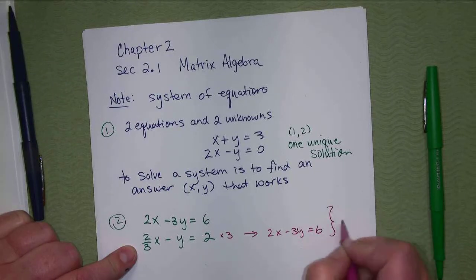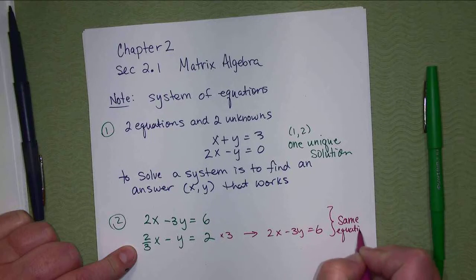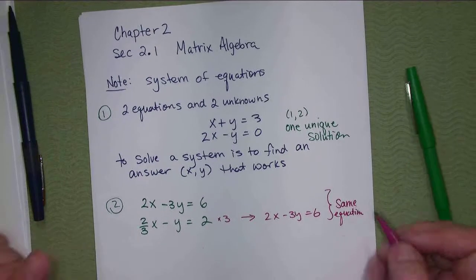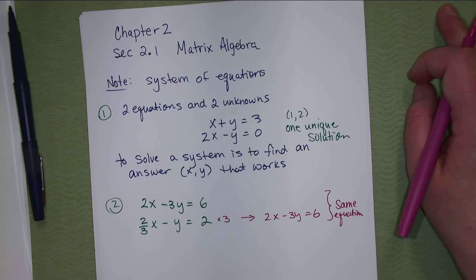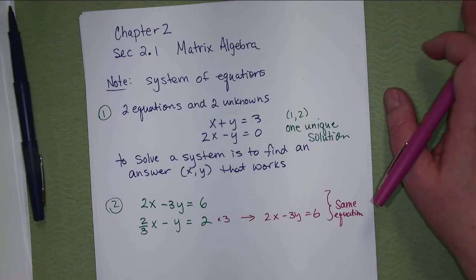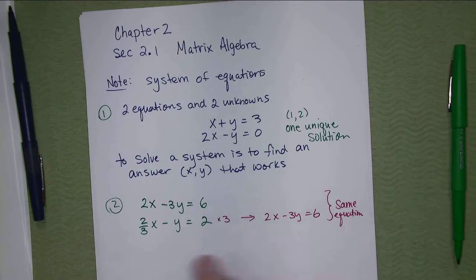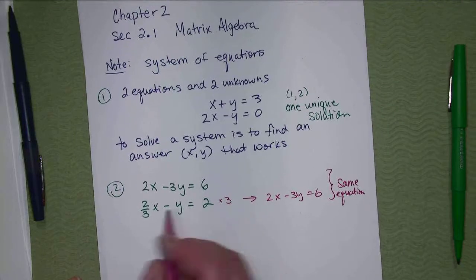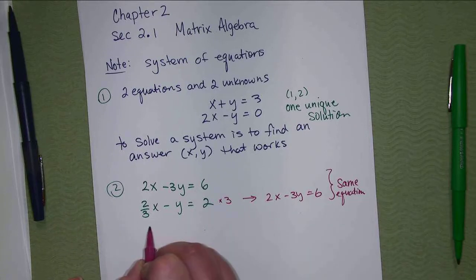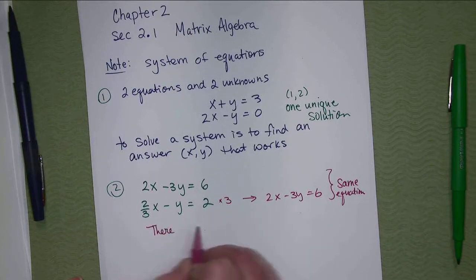They're the same equation. So multiplying an equation by a non-zero number doesn't change the equation, it just makes it look different. Okay? It's like you changing your clothes. You look different, but you're still the same. Okay? So remember that, because that becomes important later. So since they're the same equation, there are infinitely many solutions.